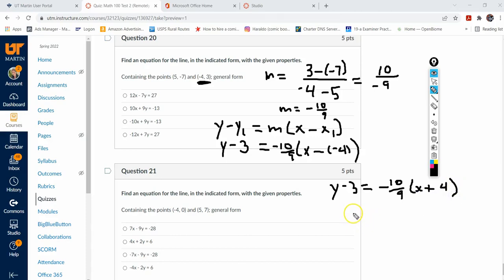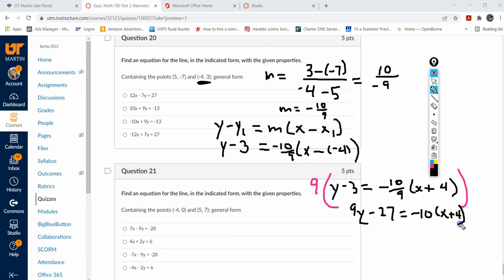All right, so how about we multiply everything by 9? If I multiply every single term by 9, I'm going to get 9y minus 27 equals, and then if I multiply the 9 by this fraction, I get negative 10 out the front.